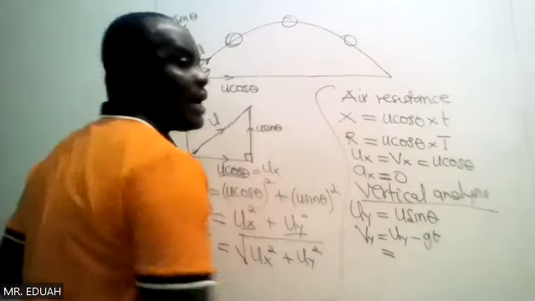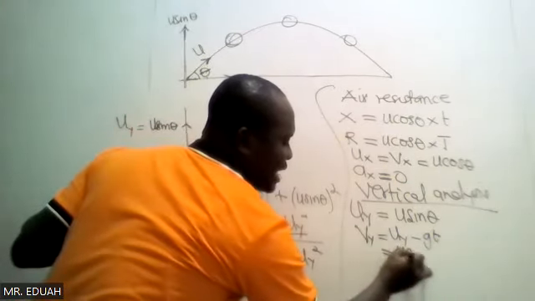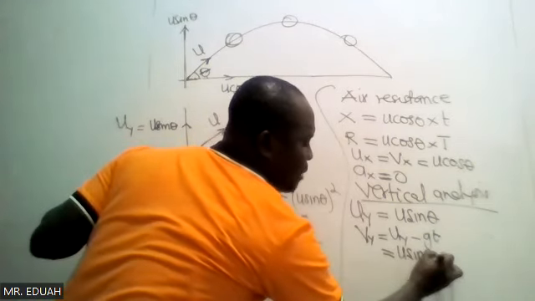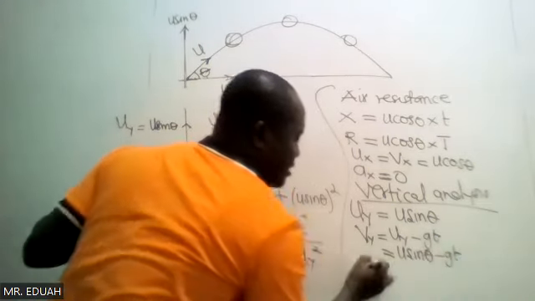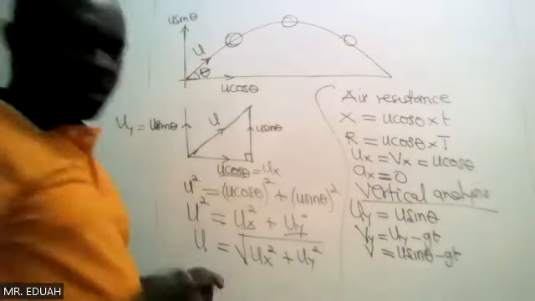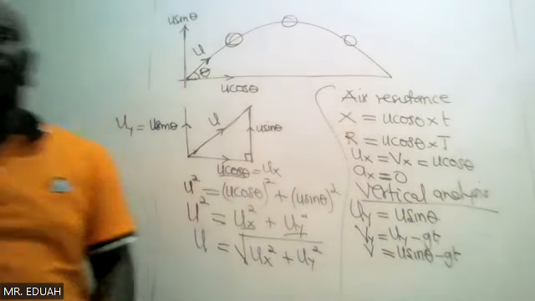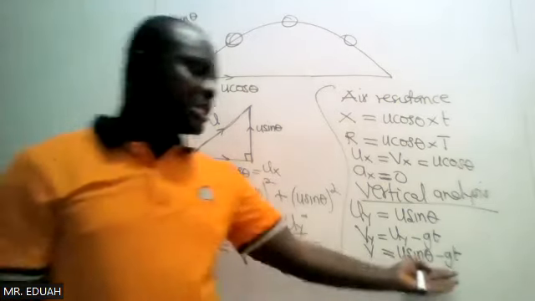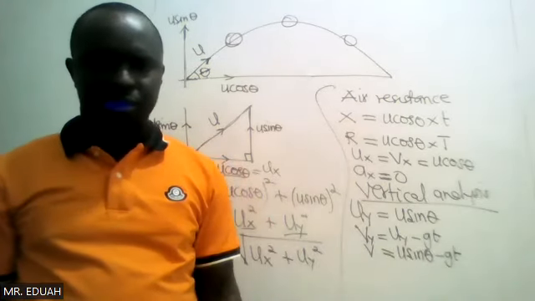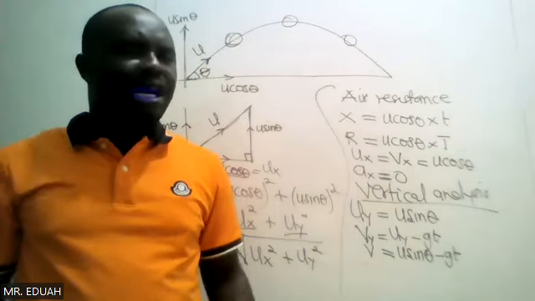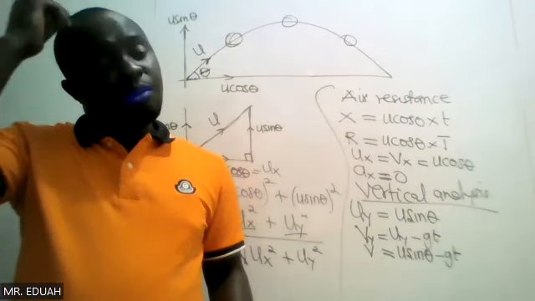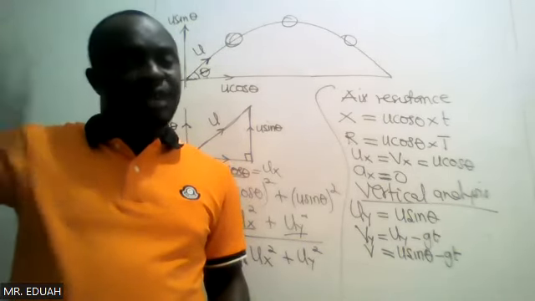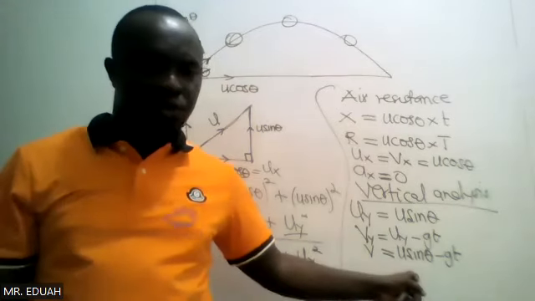You have uy, which is u sin theta, minus gt. So if I'm asked to calculate the vertical velocity after any time t, this is what I use.